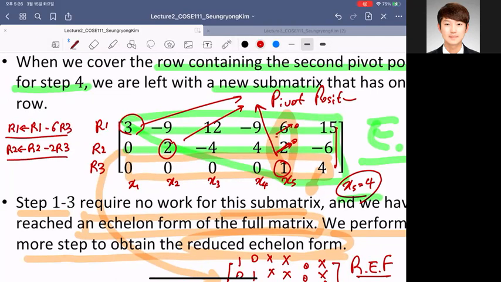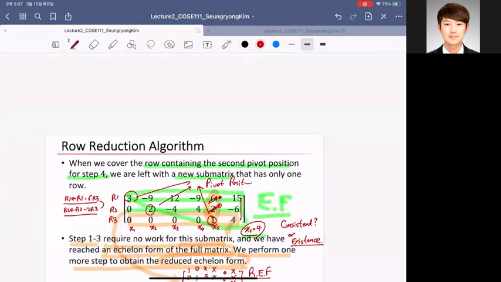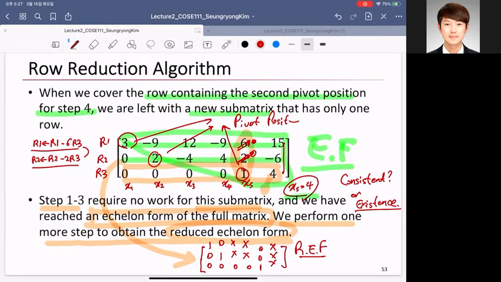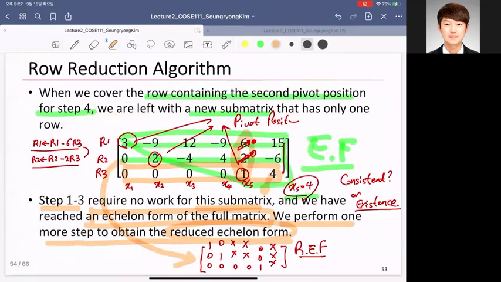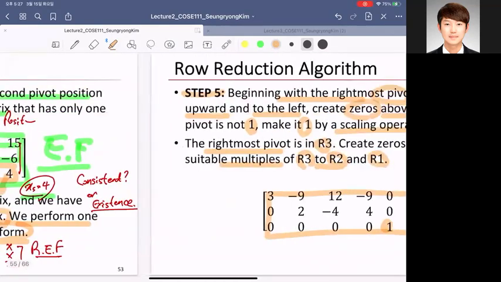Then we can make these two terms 0, right? Please do it yourself. It's very straightforward, right? So by using this kind of operation, now we can make this new matrix. So in this case, we used the rightmost pivot in R3, 그쵸? 이거 써서 create zero above it by adding multiples of R3 to R2 and R1, 그쵸? Negative 2 and negative 6, 그쵸? 이렇게 해가지고 이렇게 만들 수 있다, right?